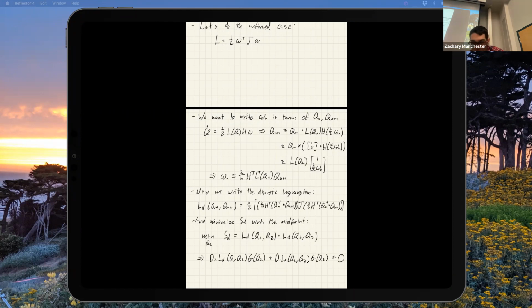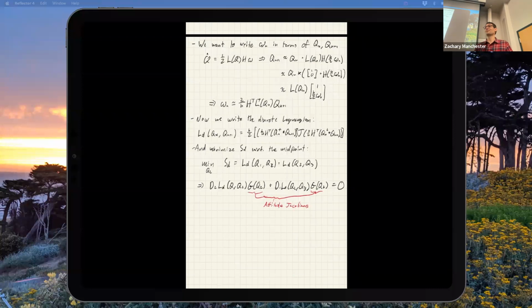This whole thing has to equal 0. These guys are the attitude Jacobian things. Okay, that's it. Wasn't that nice? So much nicer. That's all you got to do. Beautiful.